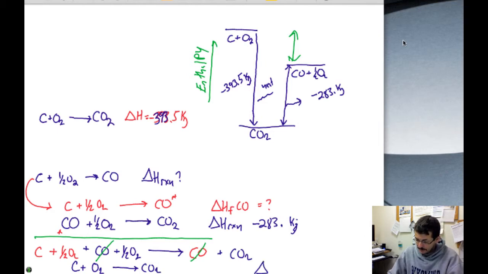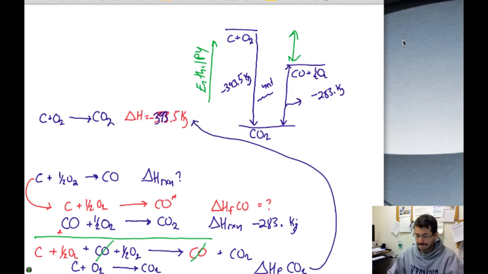Well, that is the delta H formation of CO2. What that means is the delta H formation of CO2 would be equivalent to the following: adding these two reactions together.